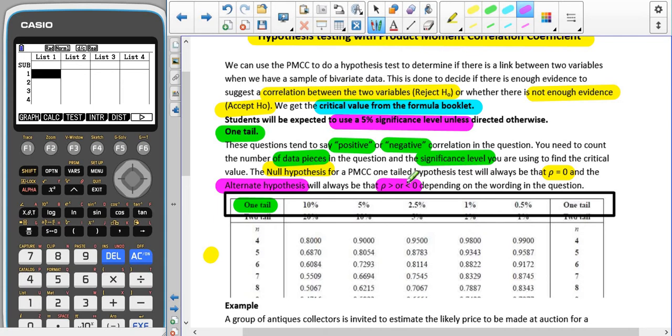And remember, when we were talking about what PMCC actually is, we were talking about the fact that it varies between 1 and -1, with 1 being perfect positive correlation and -1 being perfect negative correlation. So if rho is greater than 0, then we're suggesting that it is a positive correlation, and if rho is less than 0, it suggests a negative correlation. The reason why you need to make sure it's definitely a rho symbol and not a P symbol is that that stands for a different hypothesis test that we're going to use later on.